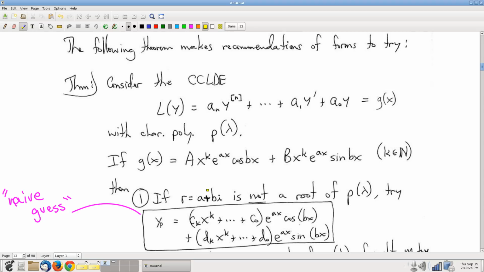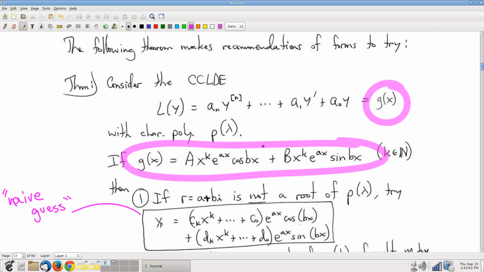This r is the complex number whose real part is the coefficient in the exponential, and whose imaginary part is the coefficient in the trig, in the sine or cosine. Okay, so whatever the right-hand side is of this form, that gives this r.